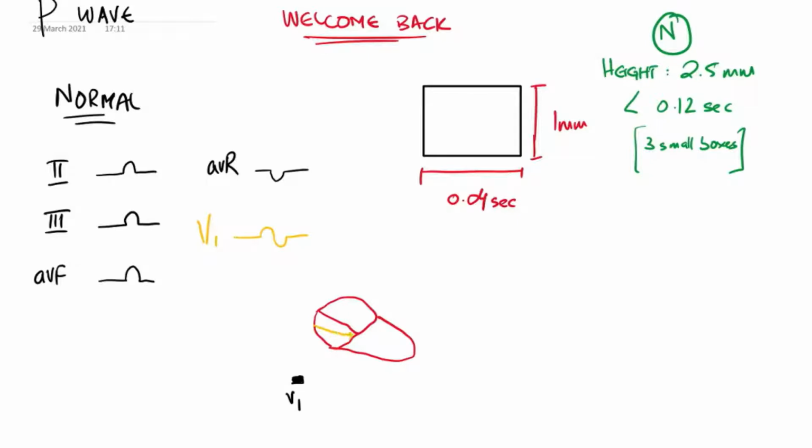You've got the first current going from the SA node to the AV node. We'll label this as 1. And the second current depolarizing into the left atrium, label this as 2. Initially the current is going towards V1, so you get a positive wave, and the second part of the current is going away from V1, so you get a negative deflection, hence the biphasic P wave in lead V1.